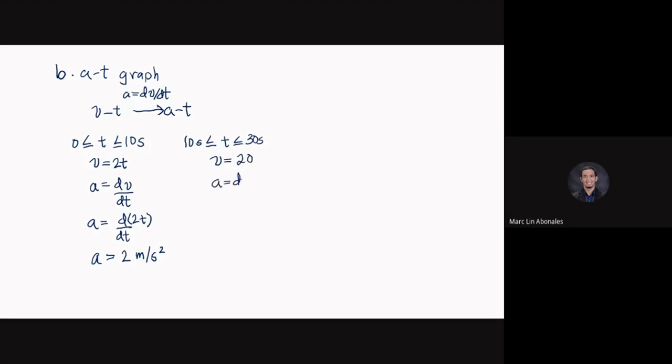So kahit dili nato i-substitute, kabalo naman jud ta na ang acceleration ana would be equal to 0. So pag substitute nato, ang derivative anding sa 20 with respect to time, since it is a constant, will be equal to 0. So pag construct kay AT graph here, the same na itong gibuhat sa VT graph.